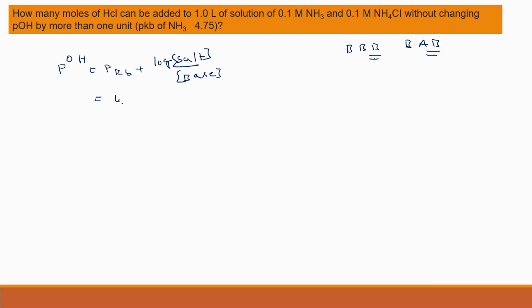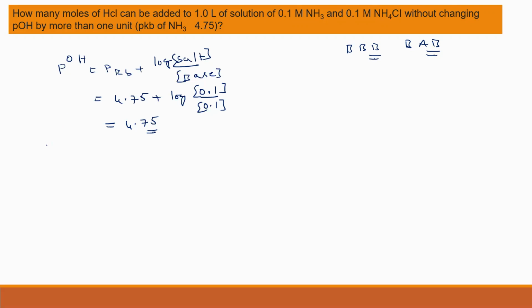So pKb is what? 4.75. Log concentration of salt is what? 0.1. And the concentration of base is also 0.1. So log 1 is 0, we know that. So pOH is equal to 4.75.